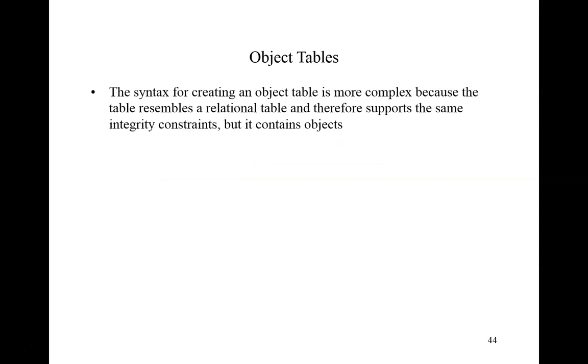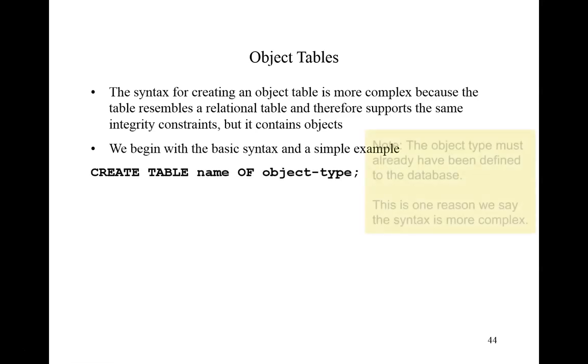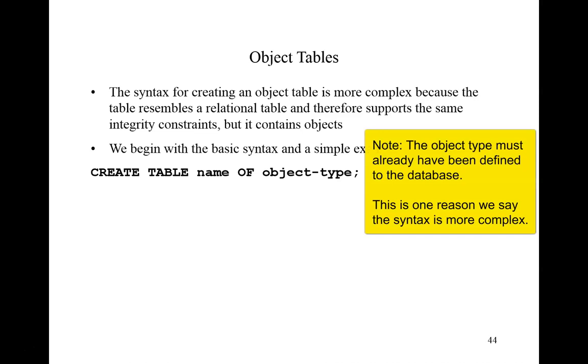The syntax for creating an object table is more complex because the table resembles a relational table and therefore supports the same integrity constraints. However, it contains objects. Here's the basic syntax with a simple example. Create table, and we give a name to the table, of, and then we specify the object type.